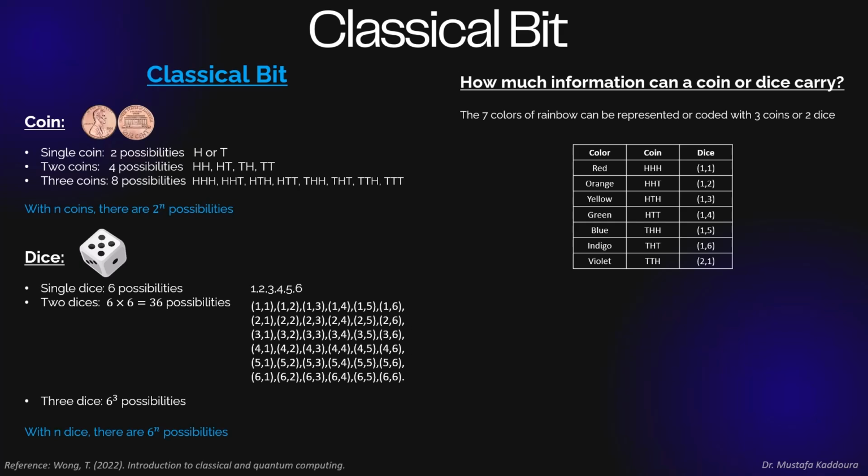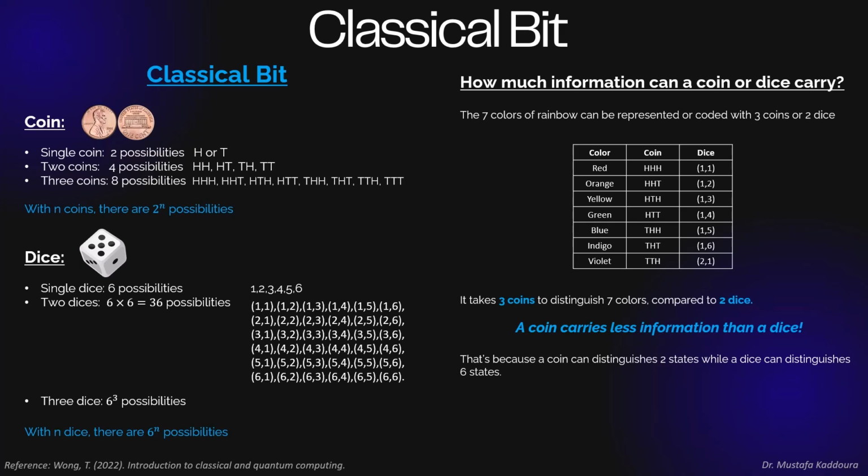Or I will assume that I am rolling 2 dice and I'm getting the first die giving you number 1 and the second die giving me the number 3. So we can see that it takes me 3 coins to represent 7 colors. However, it takes me only 2 dice to represent that.